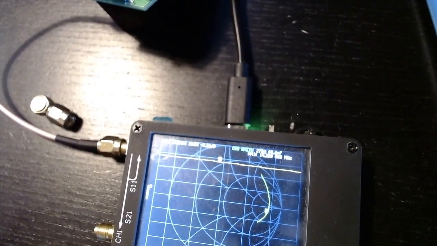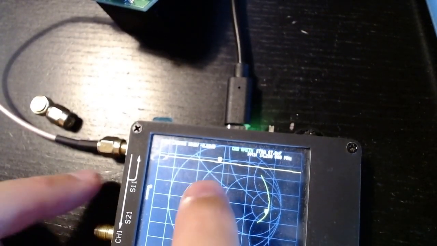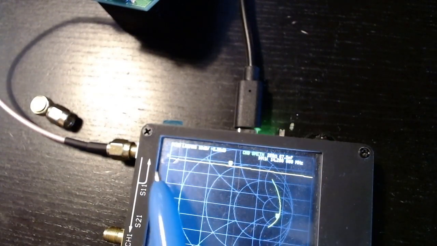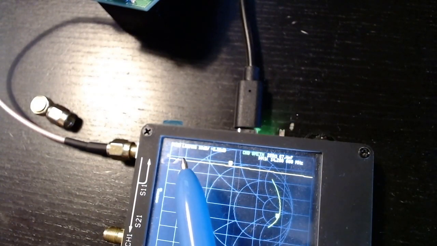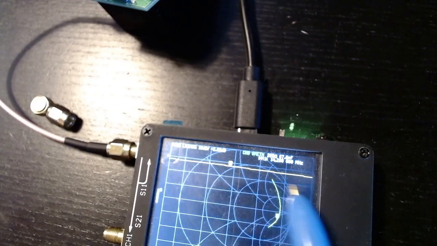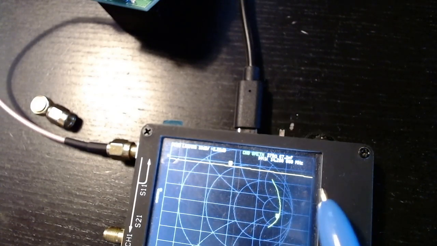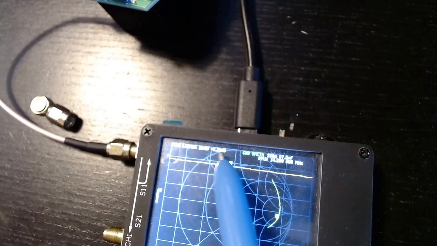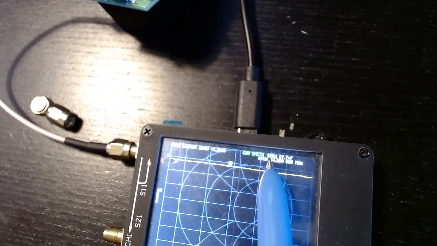Unfortunately, even if the focus is not perfect, the return loss is very high here. It says at the moment minus 2.3 dB of return loss, and where it says the impedance, it says about 280 ohm.